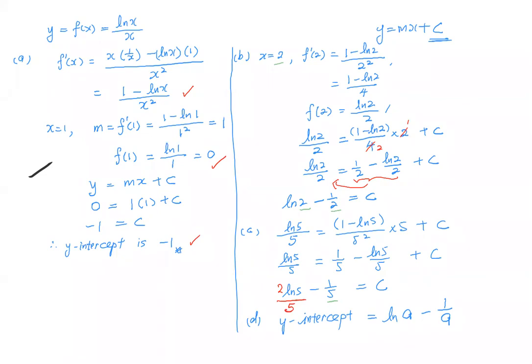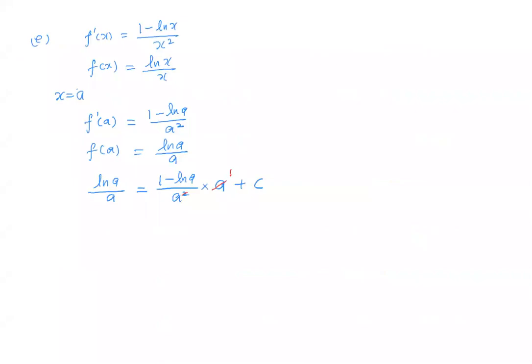Okay, so now you get it done. So this will be ln a over a equal to 1 over a minus ln a over a, then plus c. So ln a over a plus another ln a over a will be 2 ln a over a, minus 1 over a equal to c.